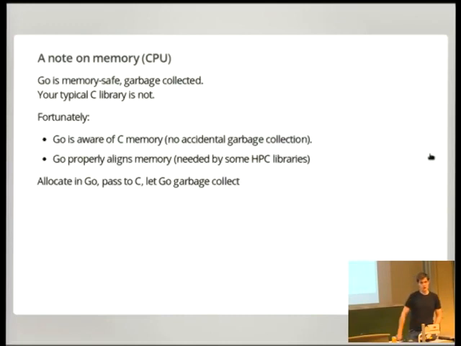So you can pass it on to libraries that use SSE instructions or AVX, it doesn't matter. Basically, you will allocate in Go, have C crunch your numbers, and you don't need to worry about freeing any memory. So that's a nice productivity boost. Memory management is just taken out of your hands.